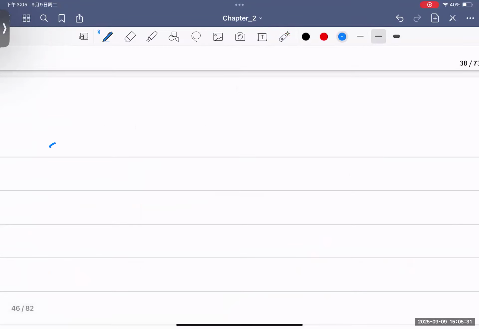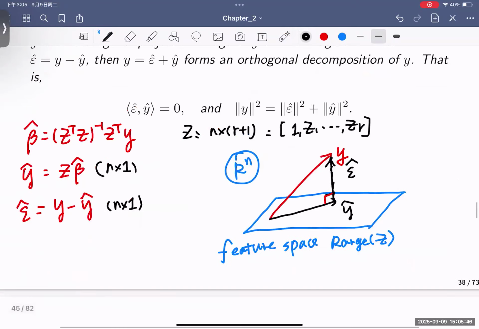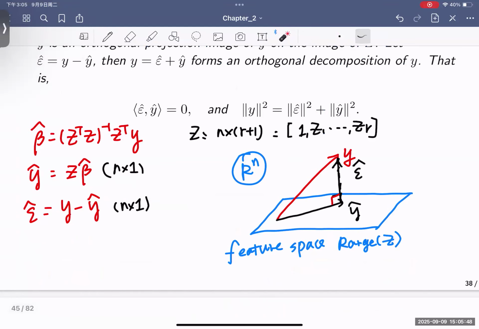Now, we just want to demonstrate that epsilon hat and y hat are orthogonal, that the inner product is 0. The remaining part is very easy to do, because this is a famous result for the orthogonal part.